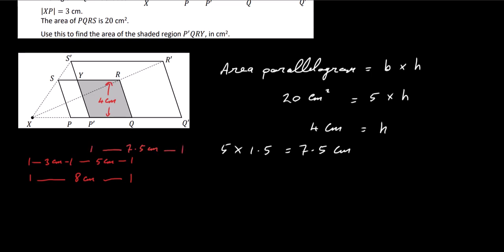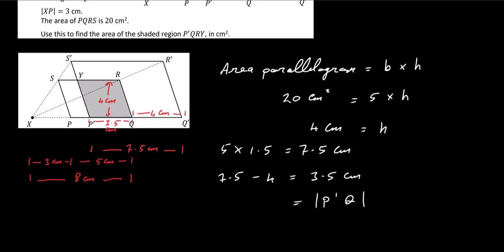However, we were told earlier that from Q to Q dash is 4 centimeters. It's 4 centimeters from here to here. So all we've got to do is subtract those, and that'll give us the base of our shaded parallelogram. So we take 7.5, subtract 4, that'll give us 3.5 centimeters, and that's the distance from P dash to Q. So now we have the base, 3.5 centimeters, of our shaded parallelogram.